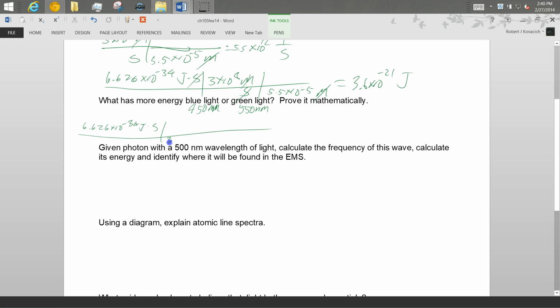And then I'll go 3 times 10 to the 8th meters per second. And then I'll put 450 times 10 to the negative 9th meters.